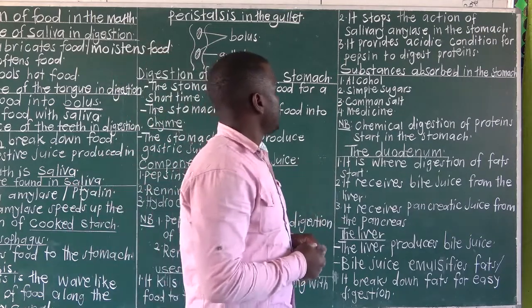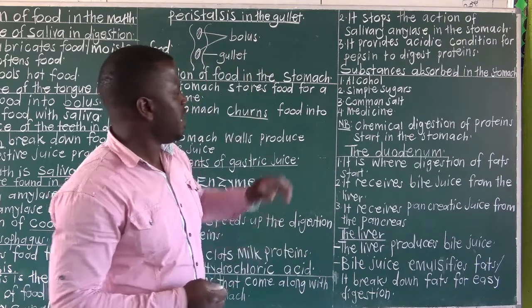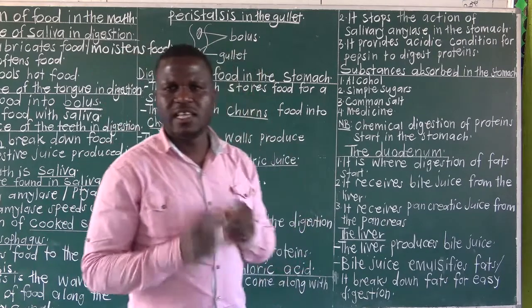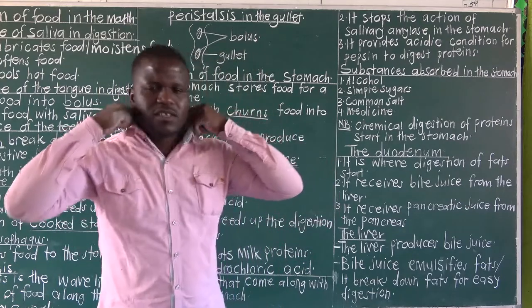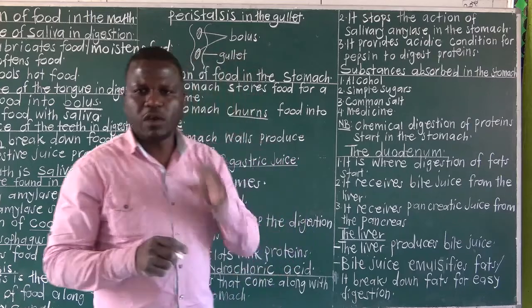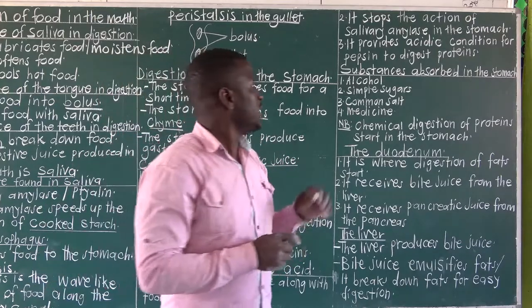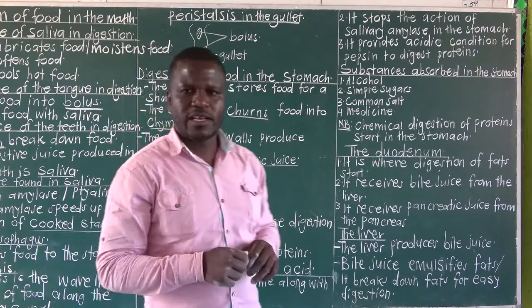Then number 3, it provides acidic condition for pepsin to digest proteins. Now, we've said pepsin helps in digestion of proteins, but this digestion cannot take place when there is no acidic condition. So what provides the acidic condition in the stomach is hydrochloric acid.